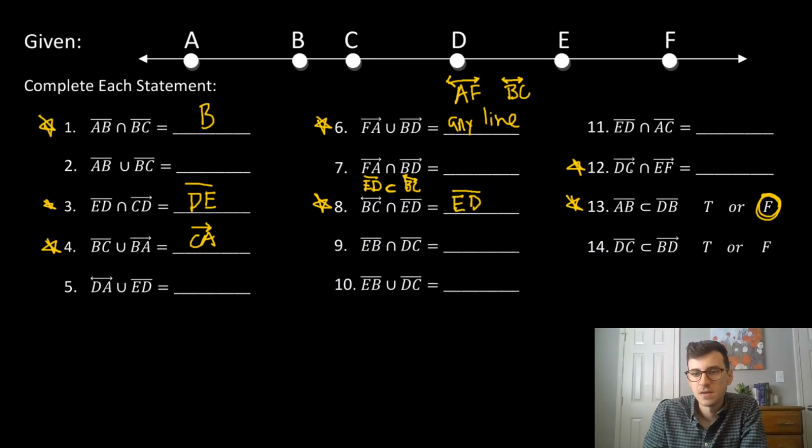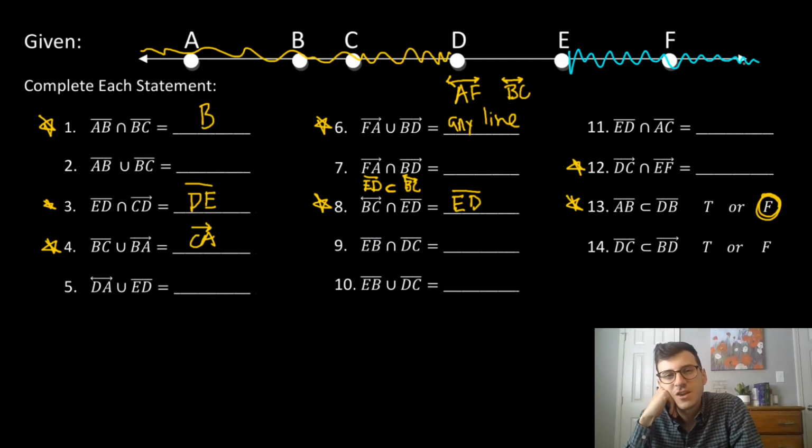Okay, last example. Ray DC intersected with ray EF. So here's ray DC right here, and here's ray EF. And it's the intersection. But there is no intersection, right? There's no place where these two cross.